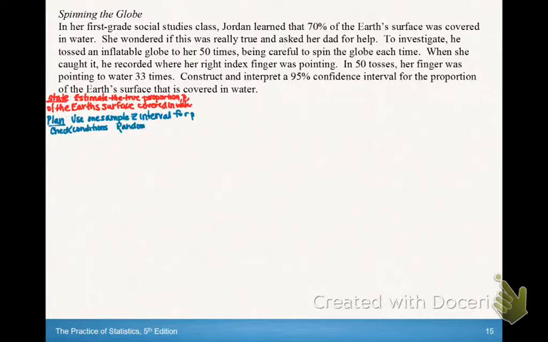So we toss the globe 50 times to her, and the 50 locations are a random sample.